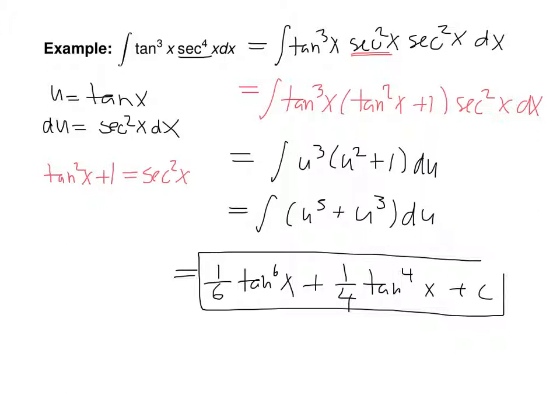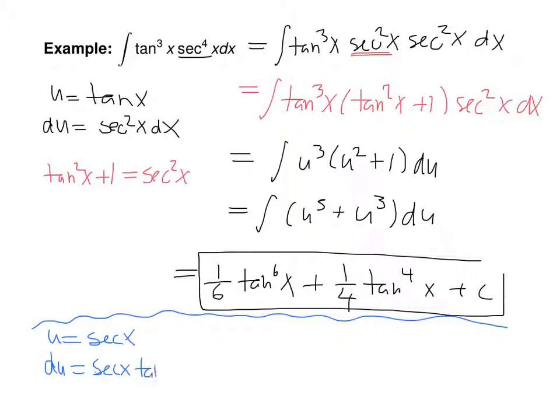Now it would have, theoretically speaking, also been possible to take this integral and let u equal secant of x. Then du is secant x tan x dx. So you'd have taken your integral and expressed it as tangent squared x secant cubed x, secant x tan x dx.